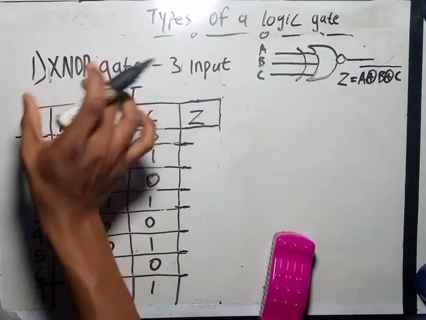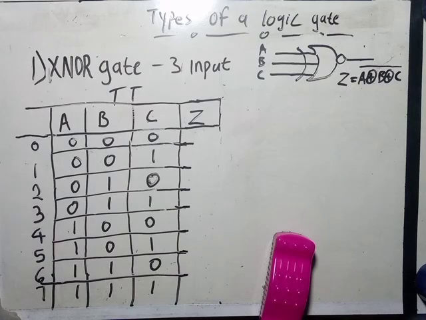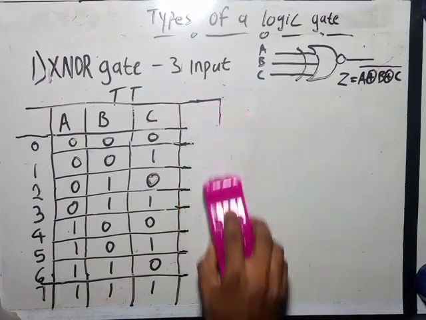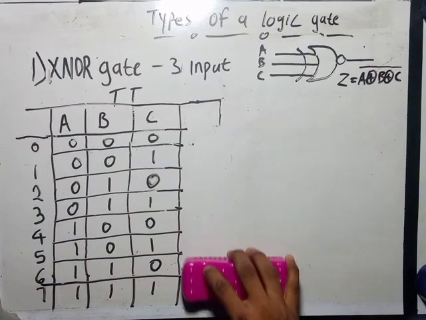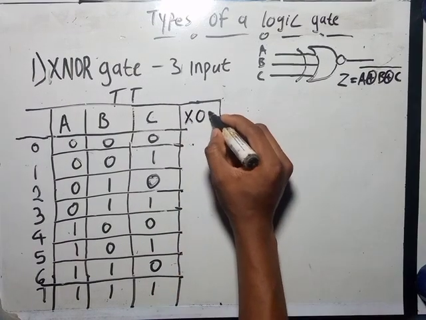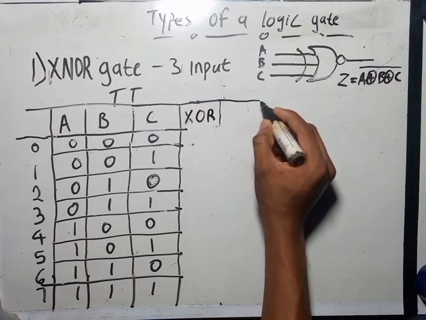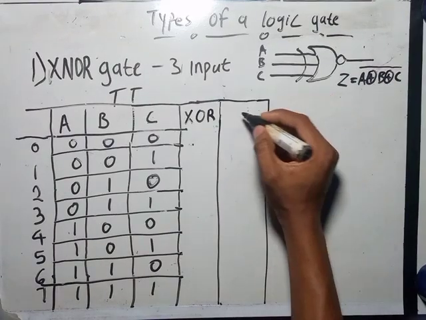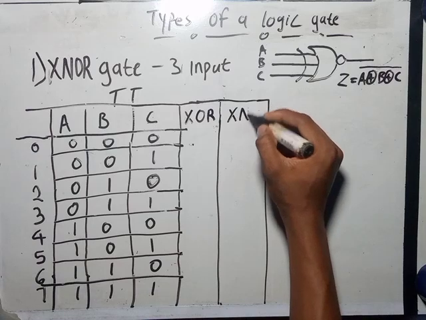So for us to know what the XNOR is, we have to first of all know what the XOR is. So let me also make an extra table for our XOR in order not to get us confused. So this is for our XOR, and the next, this is for our XNOR.